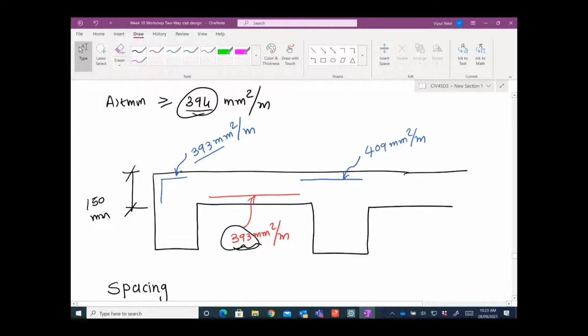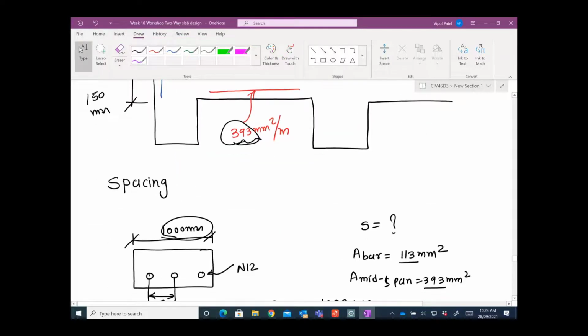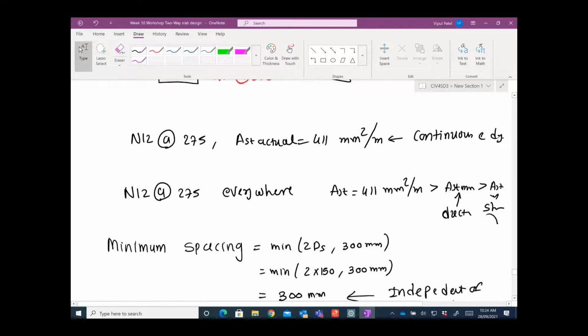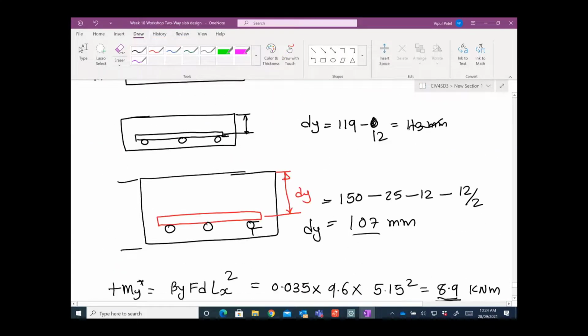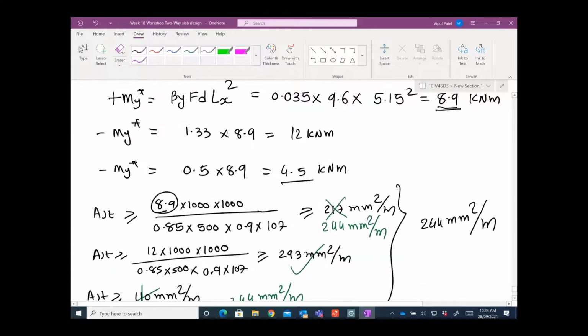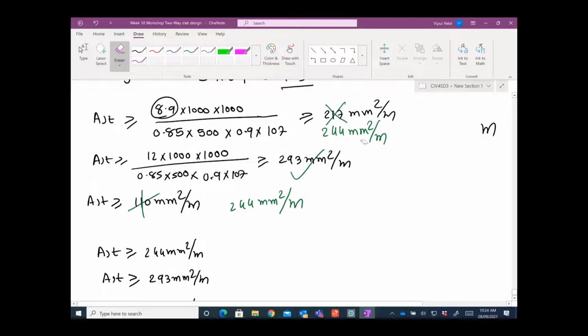So now we need to recalculate this AST minimum here as well. Look, I will go through that one, because I think I missed the values there, because we need to recalculate that AST minimum again, because your d is different, so we can't use this one.